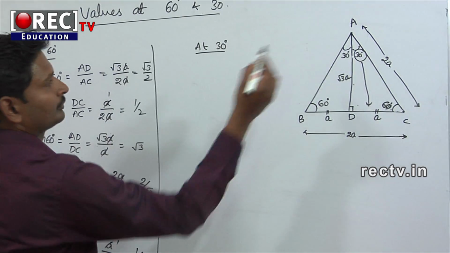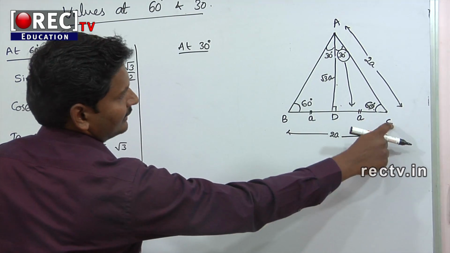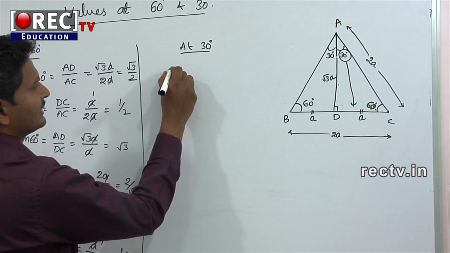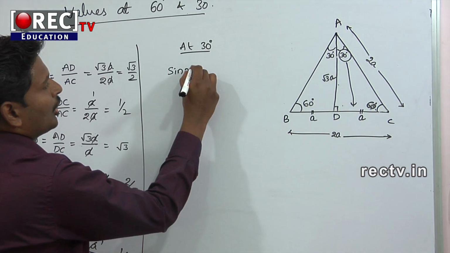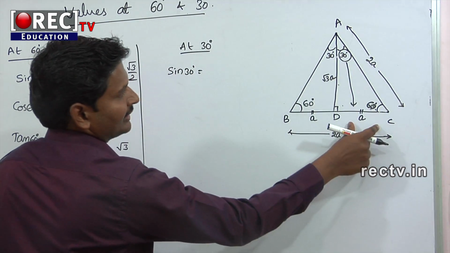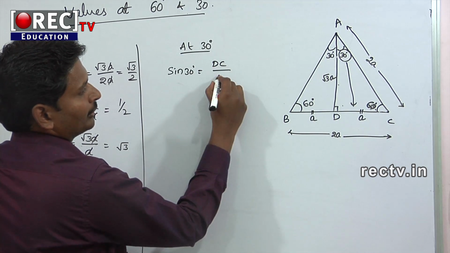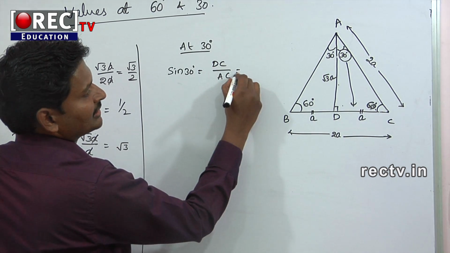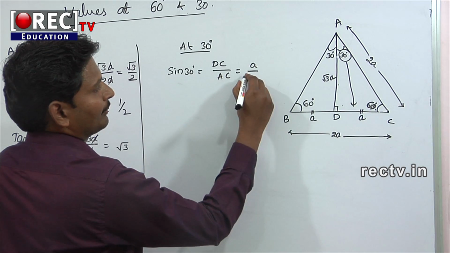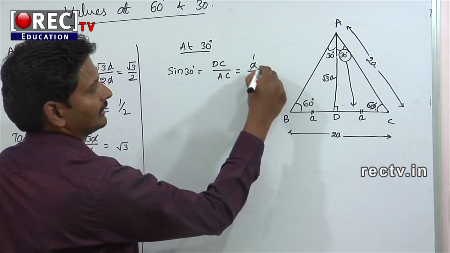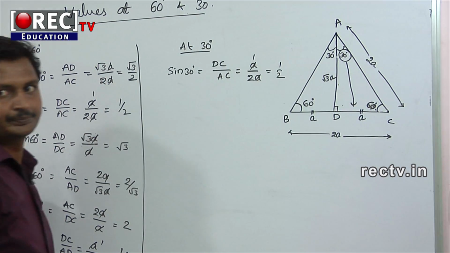Now from triangle ADC, sin 30 degrees is equal to opposite side DC divided by hypotenuse AC. DC is A divided by hypotenuse 2A. A and A cancel here. That is equal to 1 by 2.